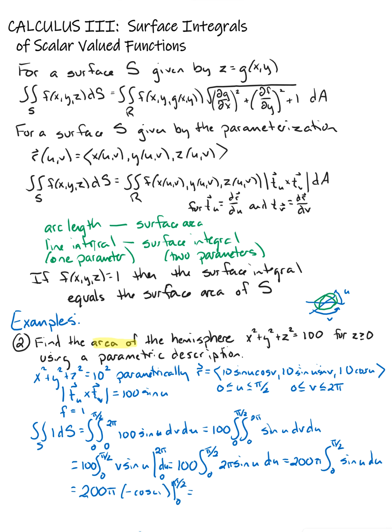Which is 200 pi times negative cosine of pi over 2, which is 0, minus a negative cosine of 0, which is 1. So that ends up being just 200 pi. And there we go. Enjoy!